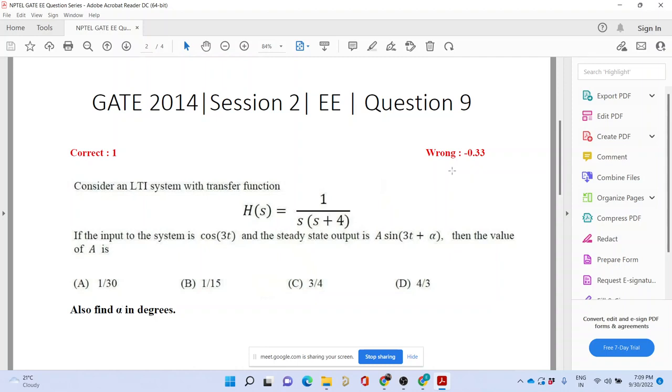Anybody else with the answer? Option B magnitude is B, I'm calculating it. Okay, try to find the angle and tell me.